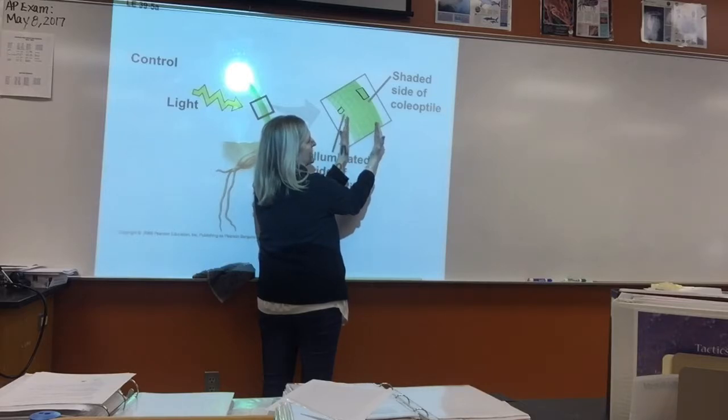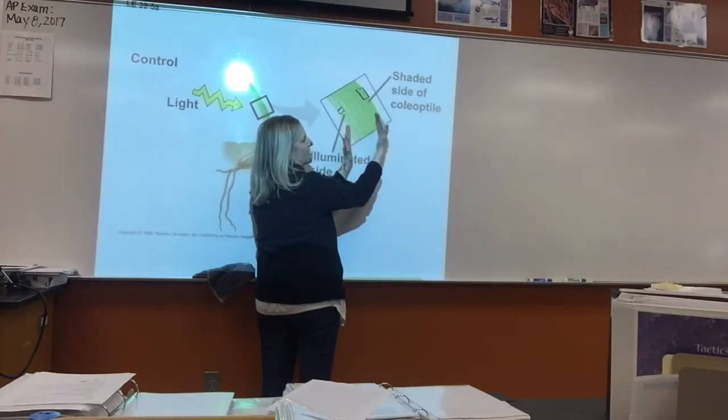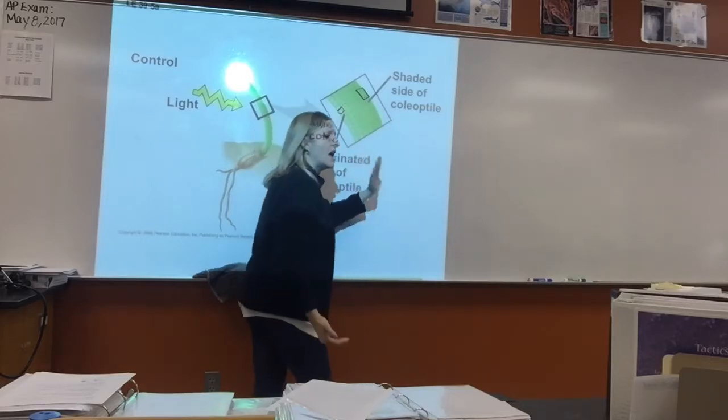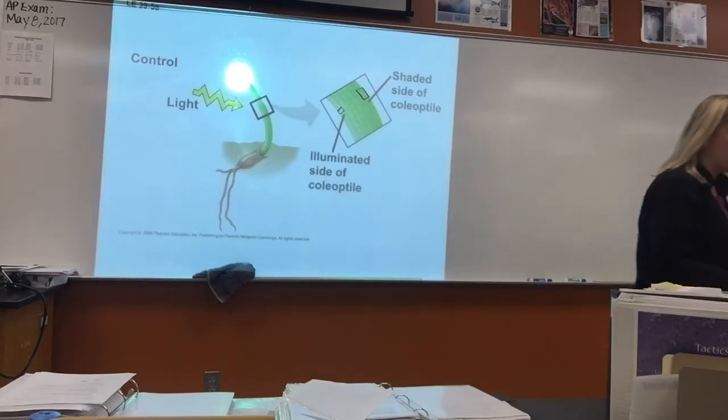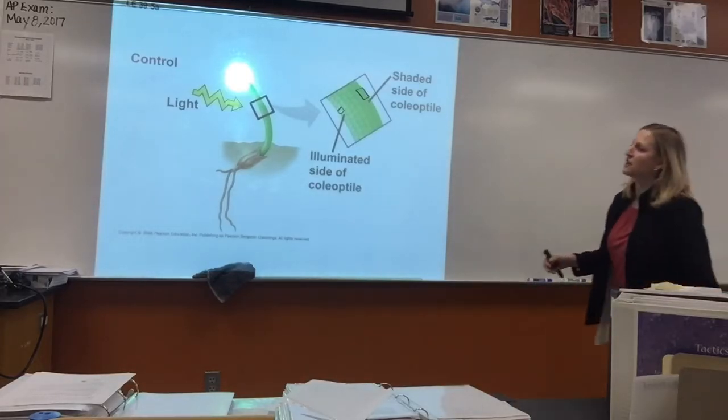When the light shines on this side, these cells don't change. These become elongated, so this side gets longer than this side. It's still the same number of cells. They just get longer. This side stays the same shape, and therefore you get this bending. The bending is caused by the elongation on the shaded side of the plant. That's what they figured out.